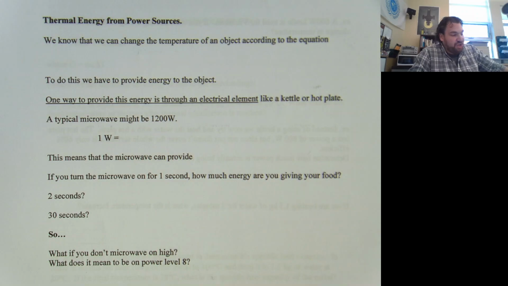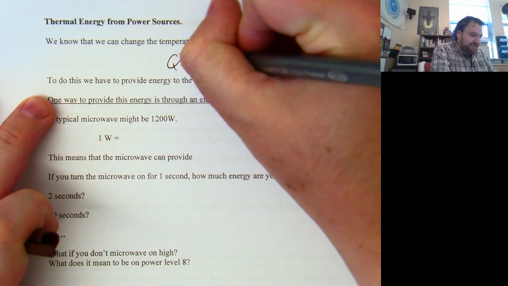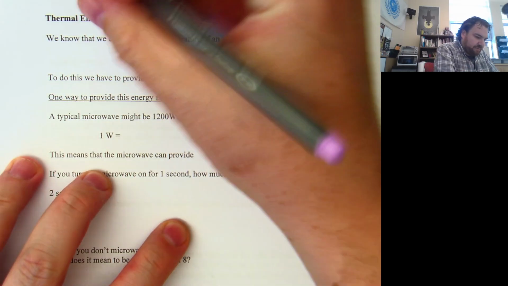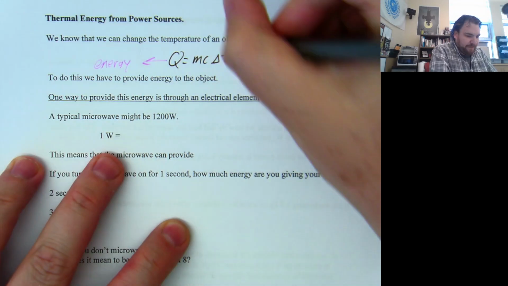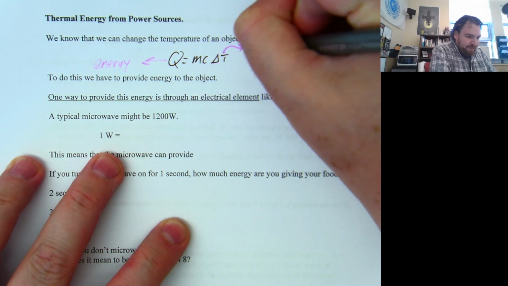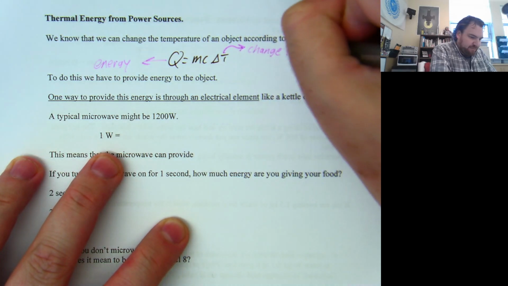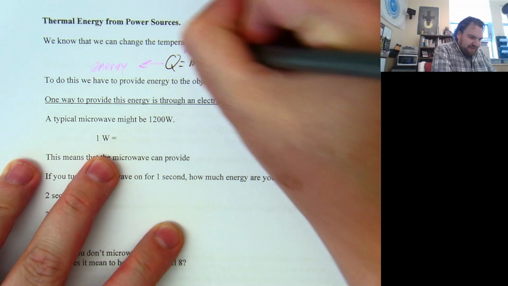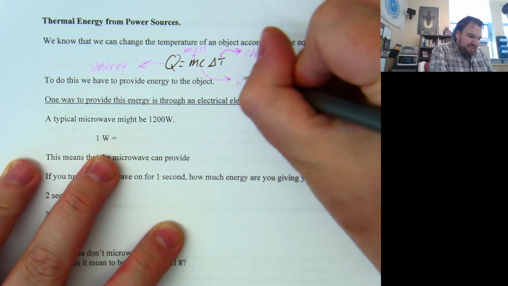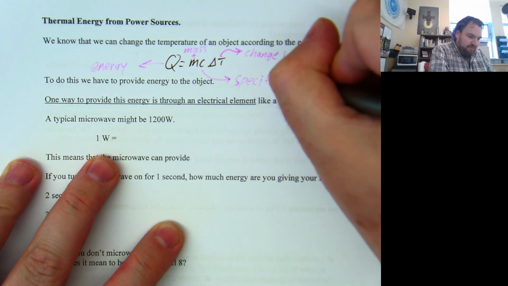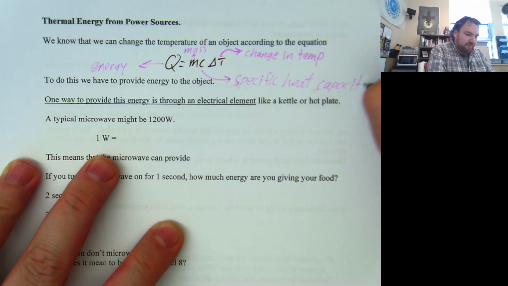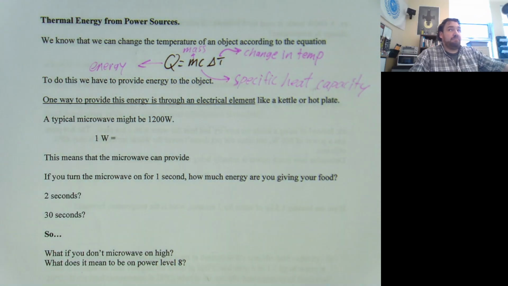We know that you can change the temperature of an object according to the equation Q equals mc delta T, where Q is the amount of energy, delta T is the change in temp, M is the mass, and C is the specific heat capacity of whatever material you have decided to heat up.